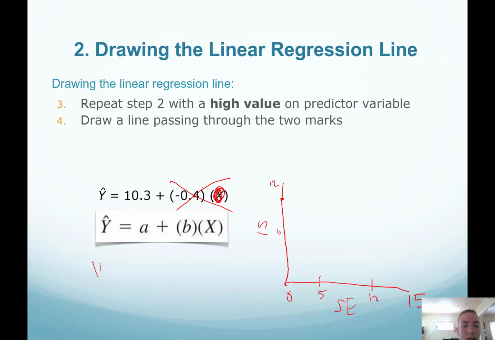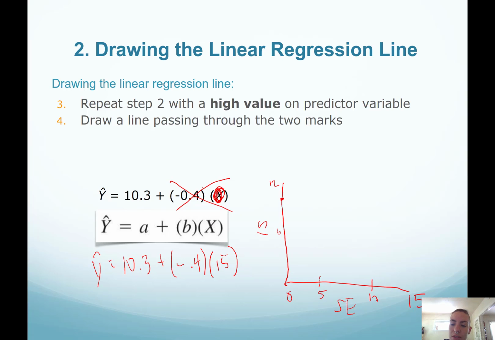So now we have y hat equals 10.3 plus -0.4 times 15. If I do that math, I get a value of 4.3 for my predicted imposter syndrome score for someone with a self-esteem score of 15.